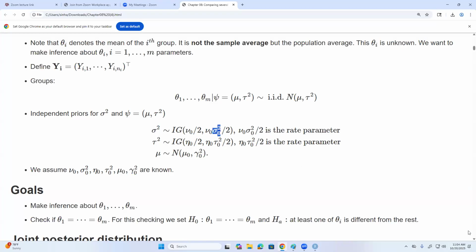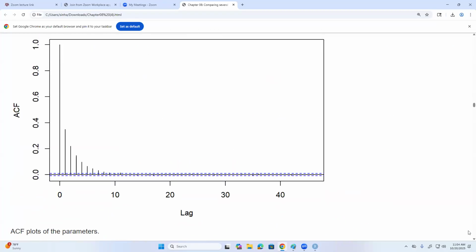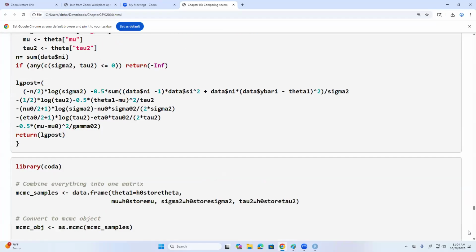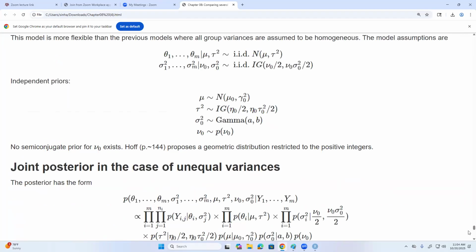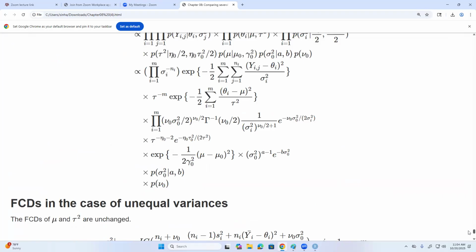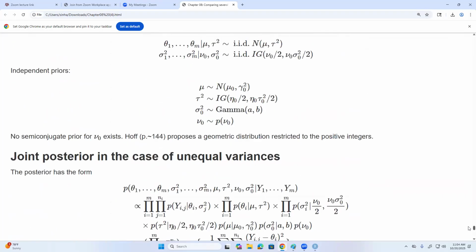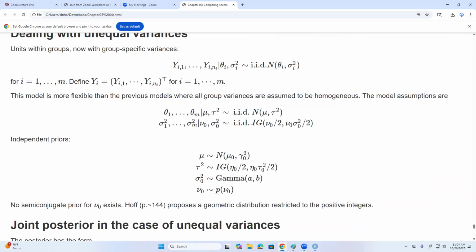This time, we are allowing sigma square 1, sigma square 2, sigma square 3, 4 to come from an inverse gamma distribution, but I did not assume that nu 0 is known. I put a prior distribution on nu 0.